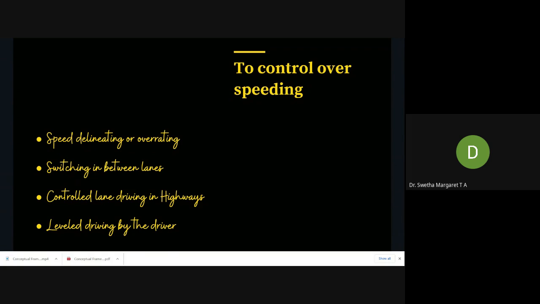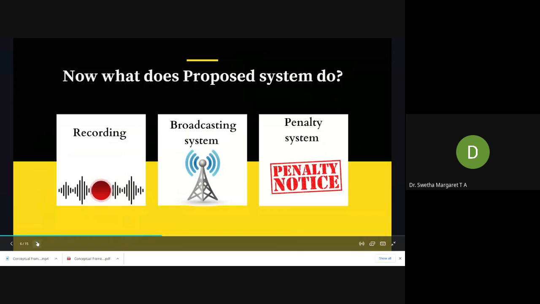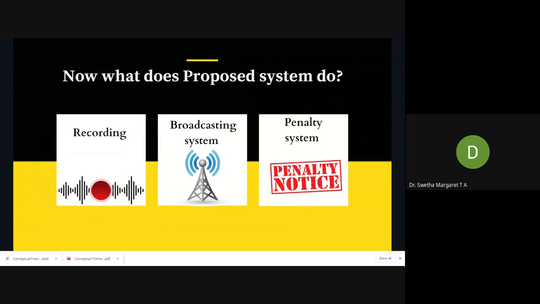In order to reduce this, we have come up with a prototype that will allow us to do this. We have proposed a system which will allow you to record what is happening in the lane, and every lane will have the system along with a broadcasting system.